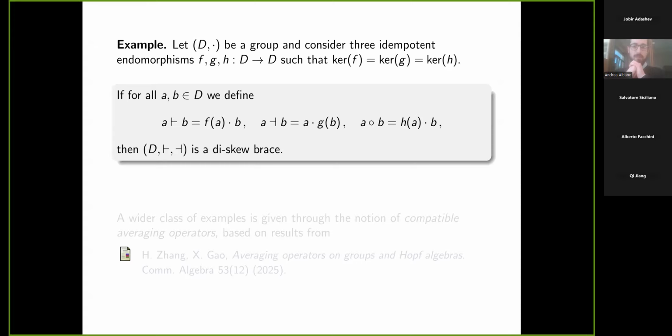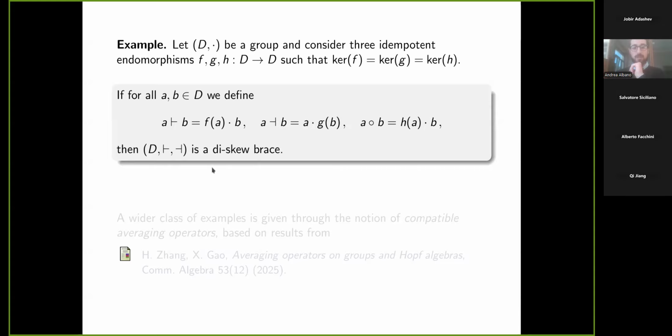Of course, it can be done. Here, I just want to provide an elementary class of examples. To do this, you can take a group, D, C dot, consider 3 idempotent endomorphisms, F, G, H, that share the same kernel, and define the 3 operations in this way. What you get is exactly a di-skew brace.